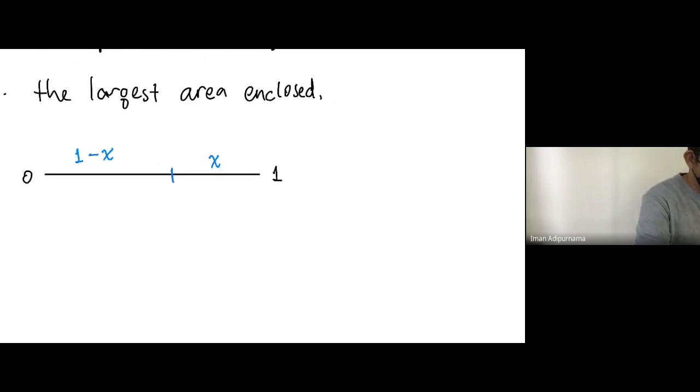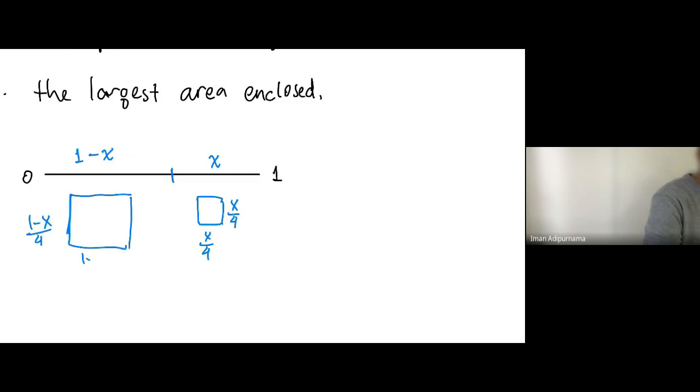The first square for x will have side x over 4, and this one here will have side 1 minus x over 4.